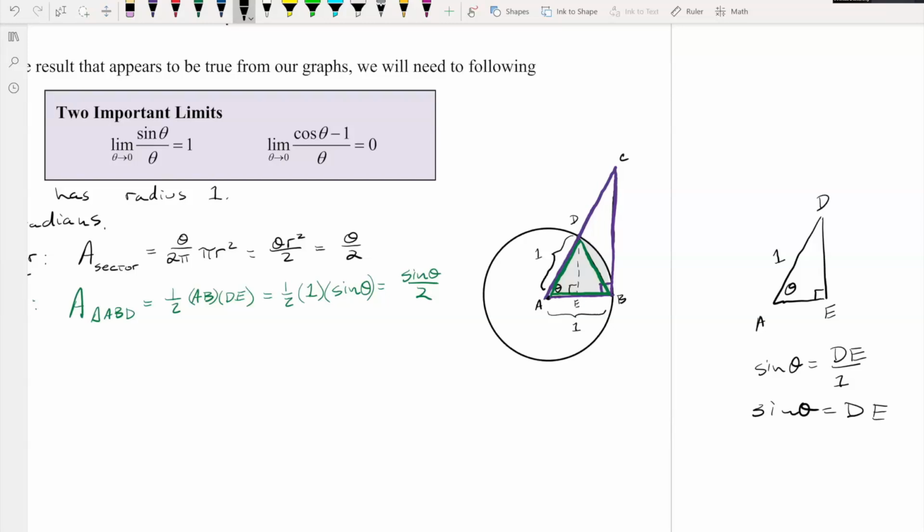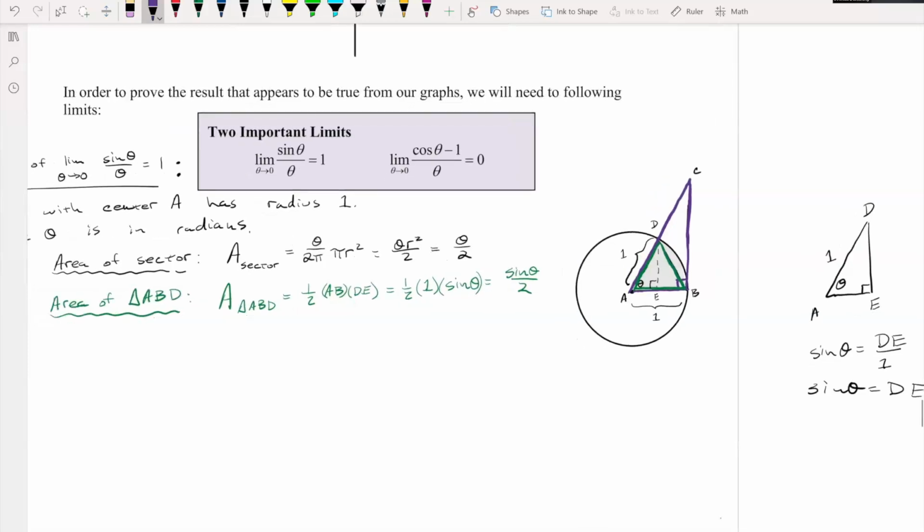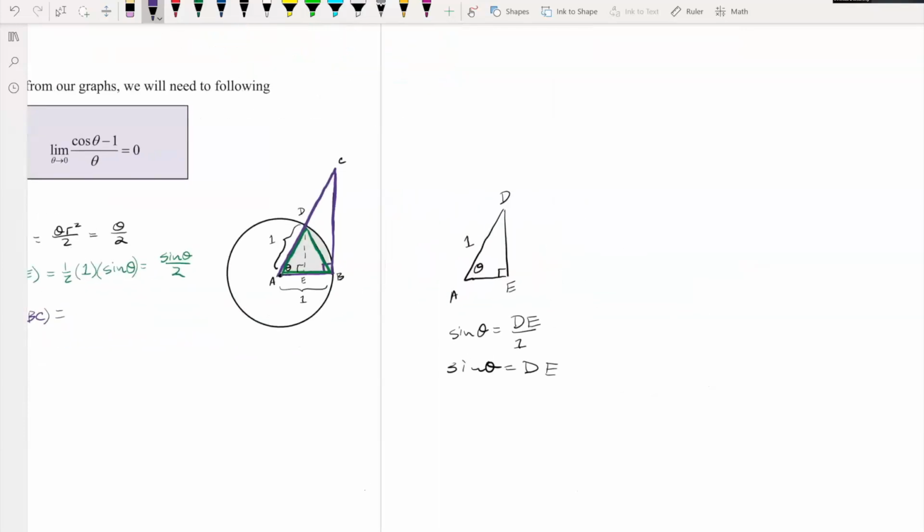Okay, so let's look at purple now. We want to look at the area of triangle ABC. That's going to be something like this, which again is going to be 1/2 the base times the height, which in this case is BC. Okay, so now let's look at the purple triangle in a little more detail. The purple triangle, which is bigger, has a base of 1, right?